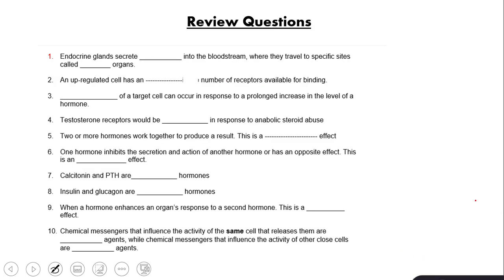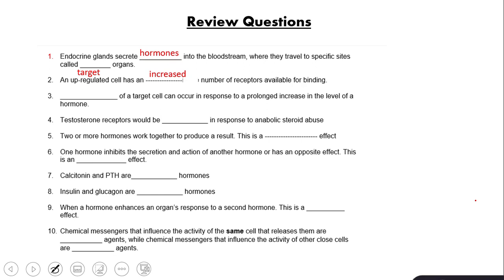Now with some review questions. Endocrine glands secrete what into the bloodstream, where they travel to specific sites that we call target organs? Hormones. An upregulated cell has an increased number of receptors available for binding.